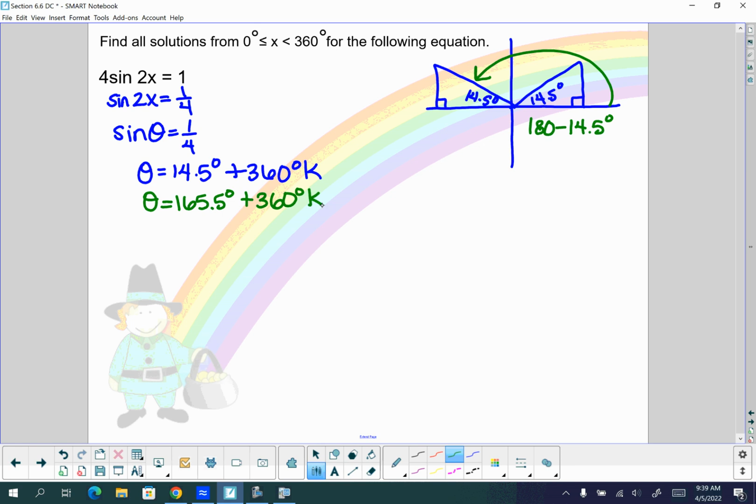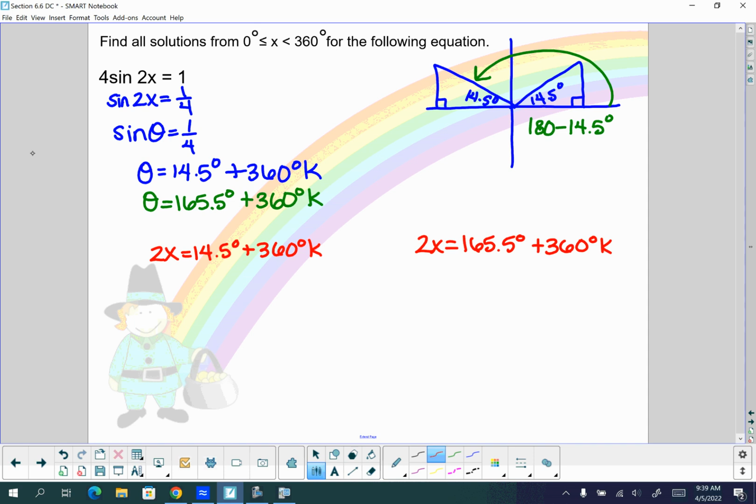Okay, so those are the solutions for theta. Now let's put the 2x back in. So bless you. So 2x is equal to 14.5 plus 360k. And 2x is equal to 165.5 plus 360k. And then I've got to divide by 2.